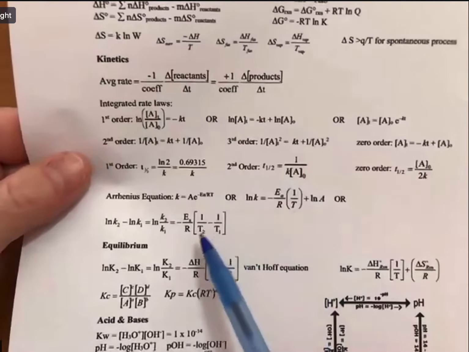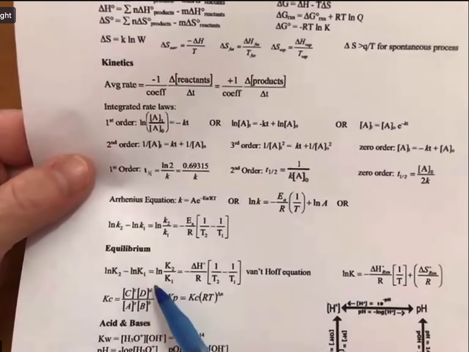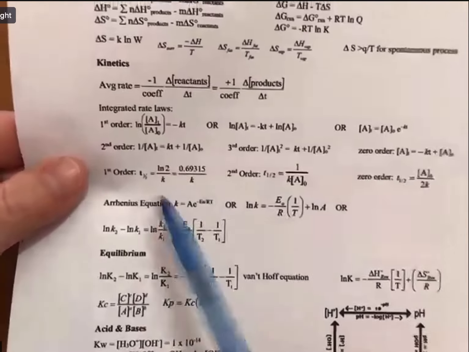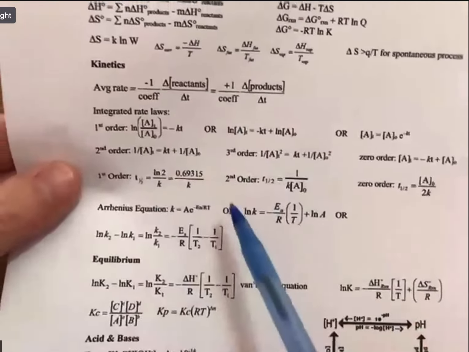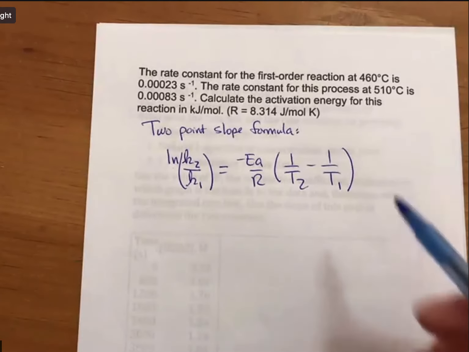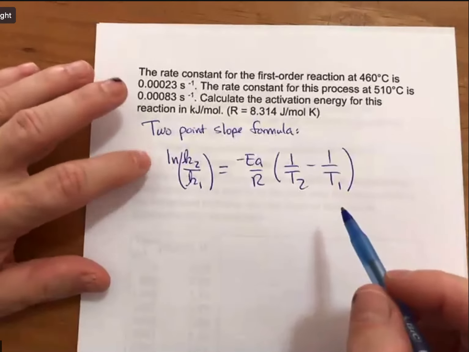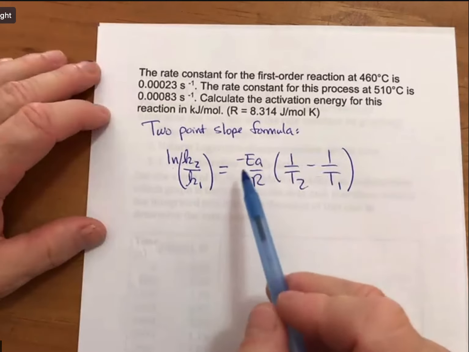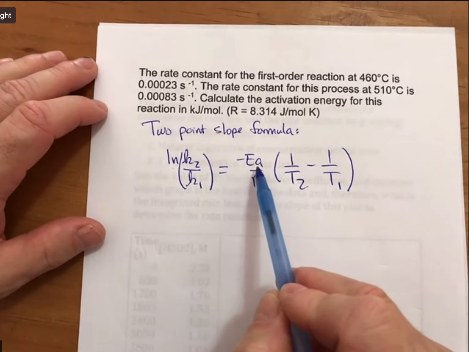And you can see where we're going. We're going to be talking about equilibrium next, but it'll have all these equations on it. Most of these equations are on our summary of all rate laws as well. But here's the 2-point slope formula, and we're going to be solving for the activation energy.